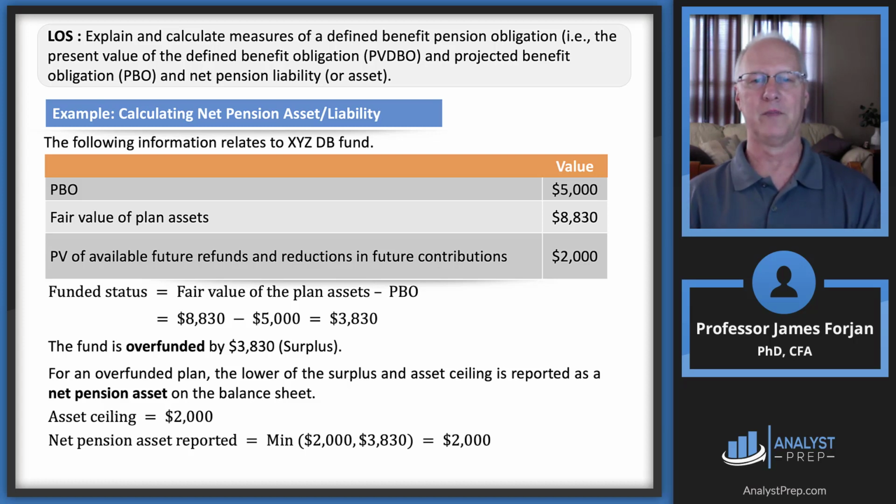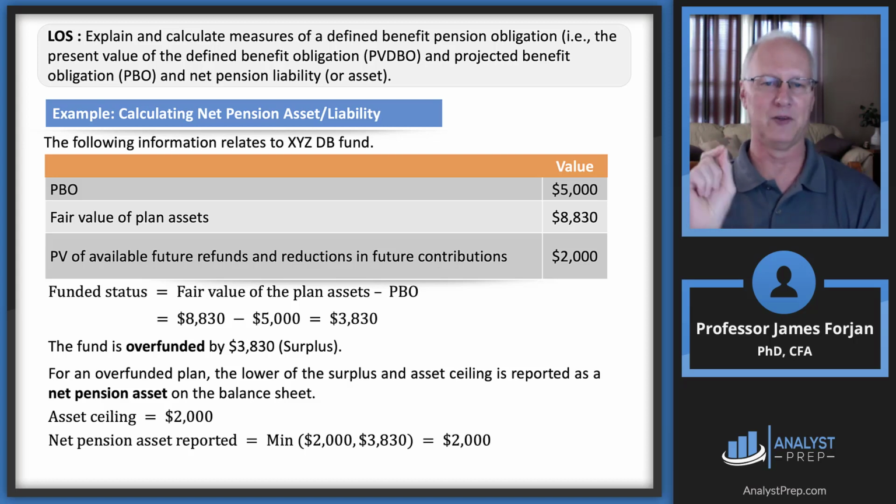Fair value of the plan assets. Suppose in this case it's $1 million instead of 8,000, right? So if a shareholder looks at this and thinks, oh my gosh, look at all these assets, $1 million. How about if we take some of that and, hey, let's pay us a dividend, or let's invest in positive NPV projects? Well, remember that this is not the shareholder's capital. This belongs to the employees. So that's why that ceiling is in there.